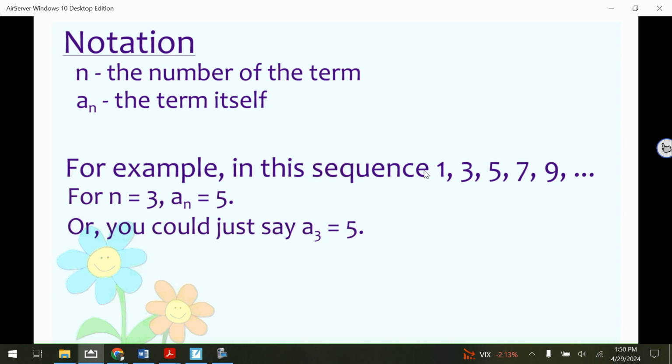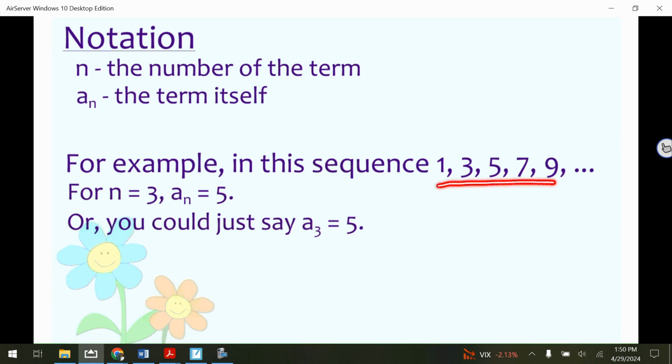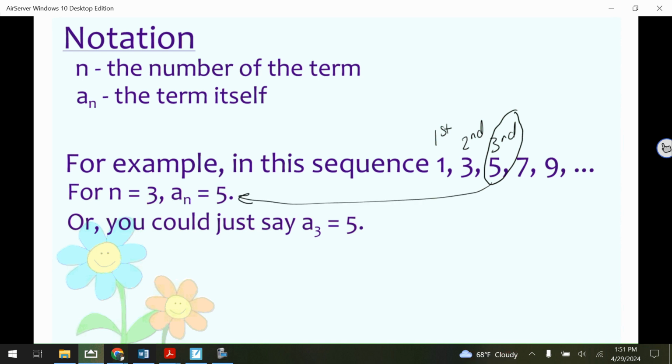So if I give you a sequence here of odd numbers, and I say if n equals 3, I'm looking for not the first term, not the second term, I'm looking for the third term. So for the third term, n equals 3, and a sub n equals 5.